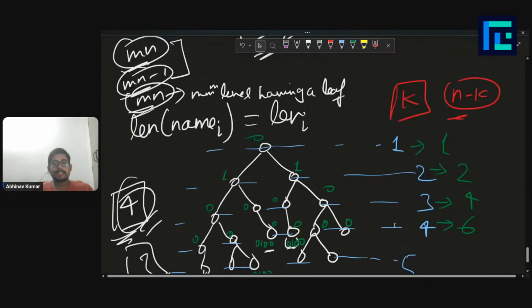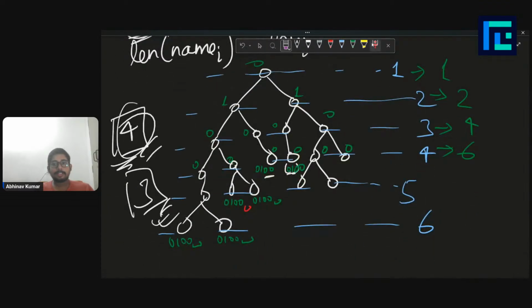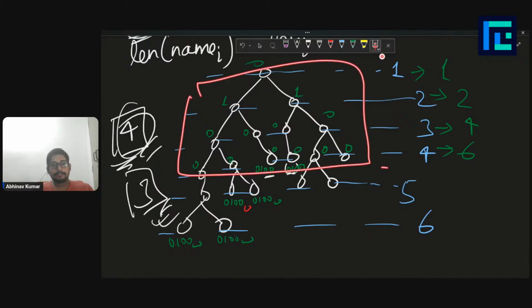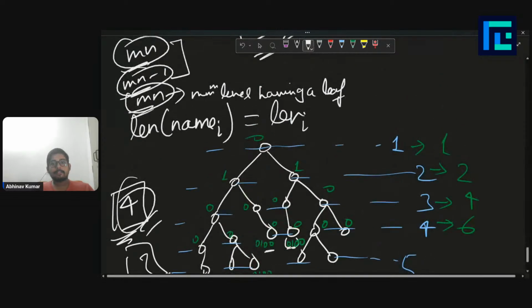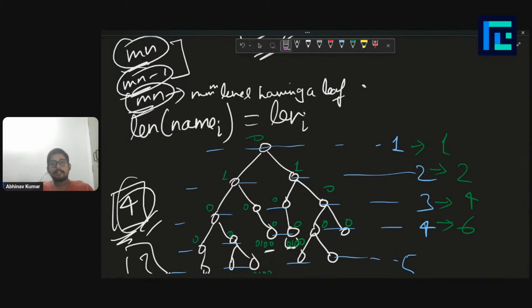So let's say here, what was the number of nodes till here? 1 plus 2 is 3, plus 4 is 7, plus 6 is 13. So 13 nodes are covered till level 4. At level 5 we have 14, 15, 16, 17, 18, 19, 20. So the tree that I have drawn here has the value of n as 20. There are 20 nodes. Let's suppose k is something like 8.